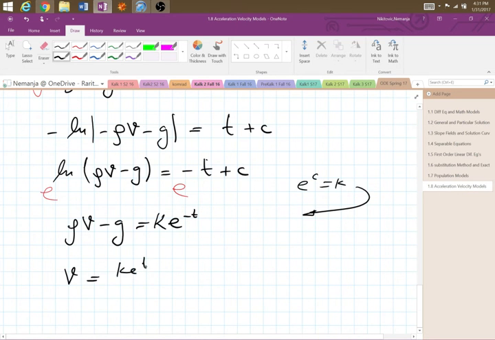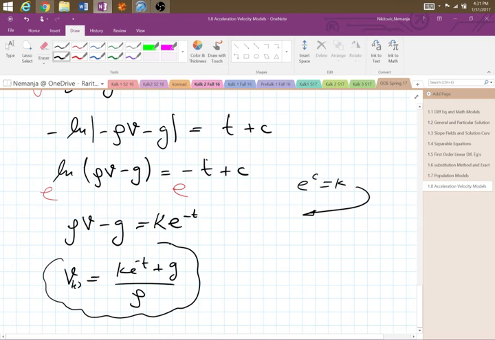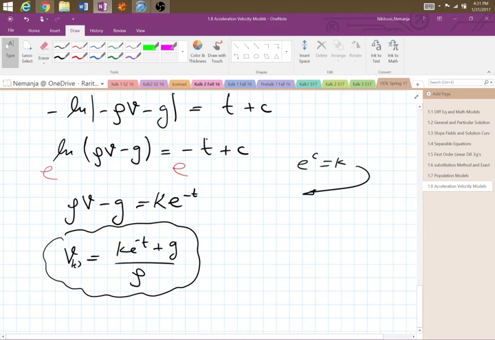K e to the negative t plus g, everything divided by rho. And that's the solution. So now what do I do with this? I take the limit as time goes to infinity, and that is going to be your terminal velocity.